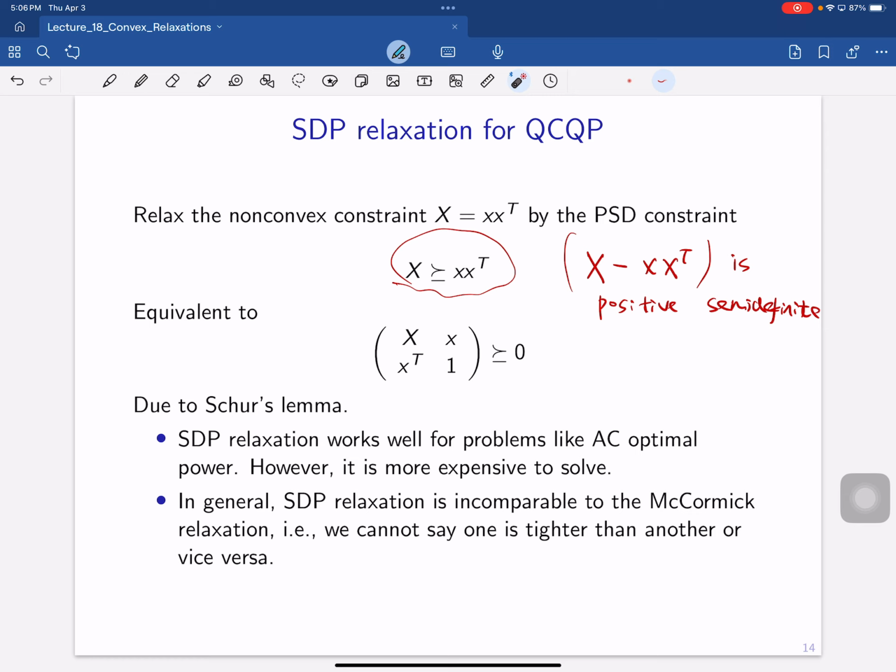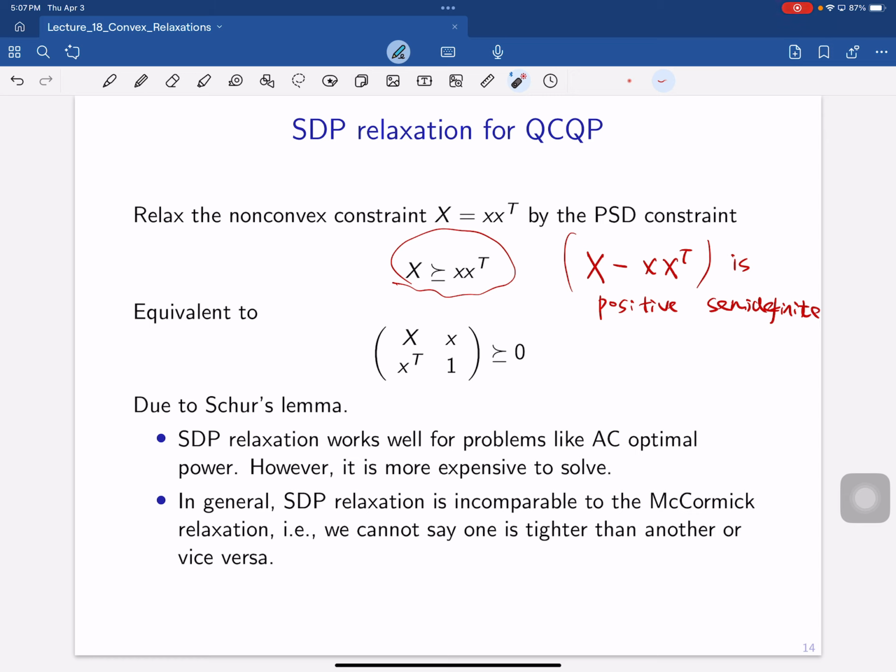But the nice thing about SDP is it works pretty well for some non-convex problems, like the AC optimal power flow problem. The McCormick relaxation is very weak, but the SDP relaxation usually gives you a very good relaxation. Okay, but in general, SDP relaxation is incomparable to McCormick relaxation.